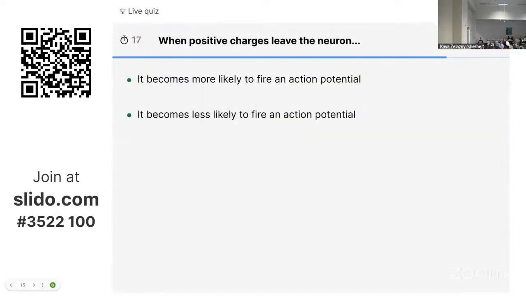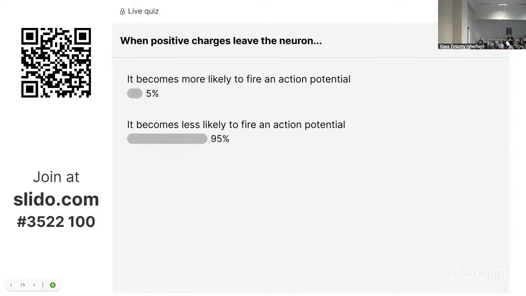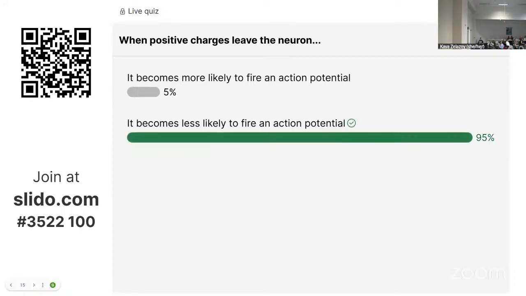So what if we have a positive charge leave the neuron? And that can happen through a channel too. Okay, great.